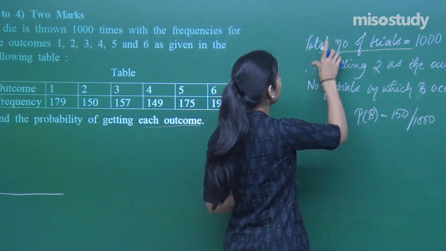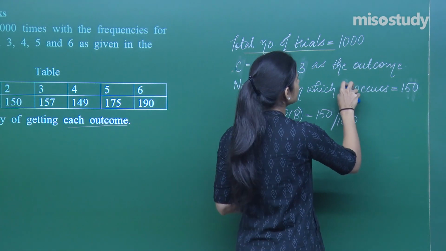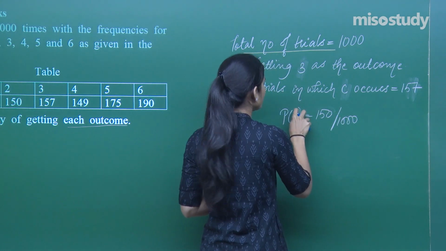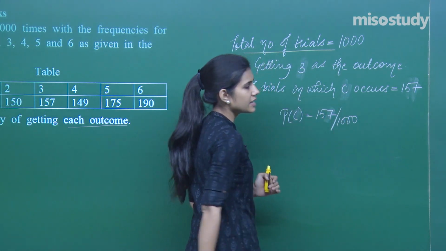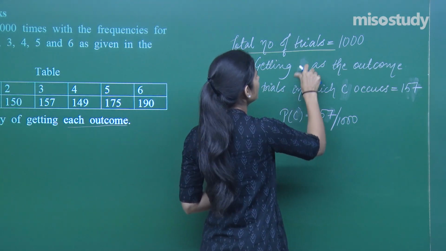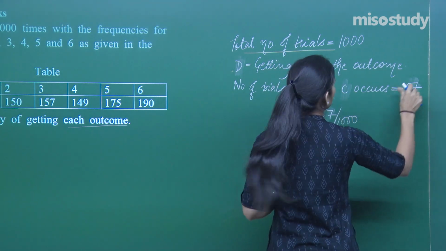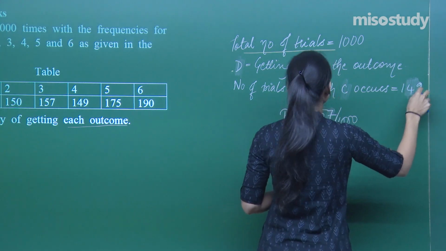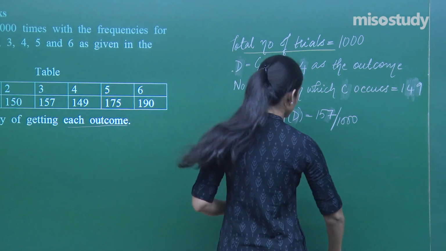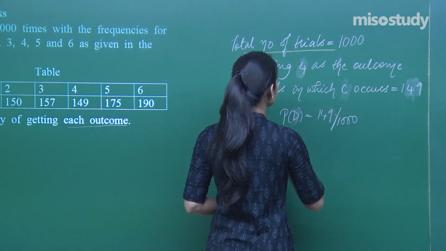If I define my event C as getting 3 as the outcome, the number of trials in which event C occurs is 157, and therefore the probability of event C is 157 upon 1000. In a similar fashion, if D is getting 4 as the outcome, the number of trials in which event D occurs is 149, and therefore the probability of event D is 149 upon 1000.